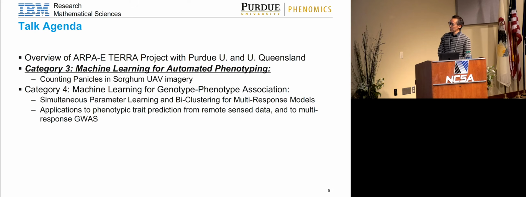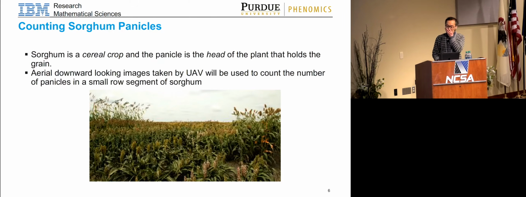So let me then go on to talk about category 3, automated phenotyping, and in particular counting what are called panicles in sorghum from UAV imagery data. As many of you may know, sorghum is originally a cereal crop, but it's very well suited for use in biofuel.